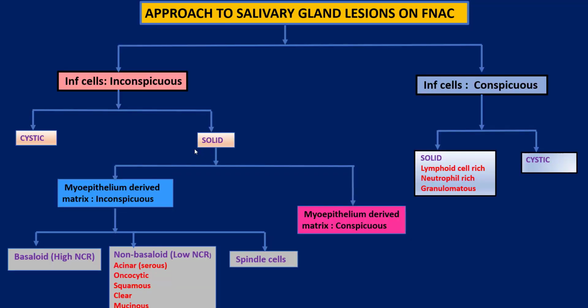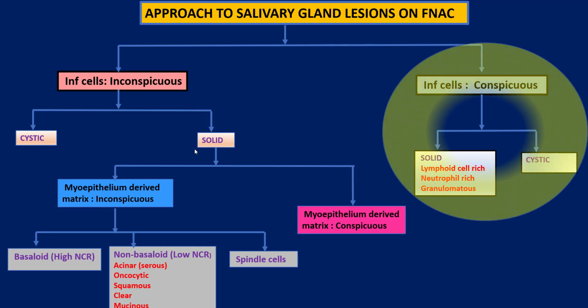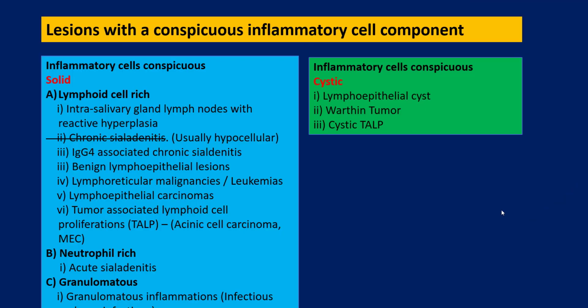Next, we go on to our next group, and that is the inflammatory cell conspicuous lesions. Again, these could be solid or cystic. Now, this is the major part of the lesions that we come across.